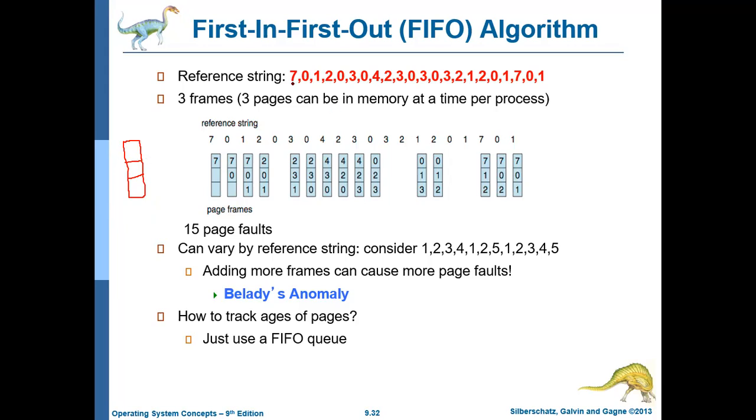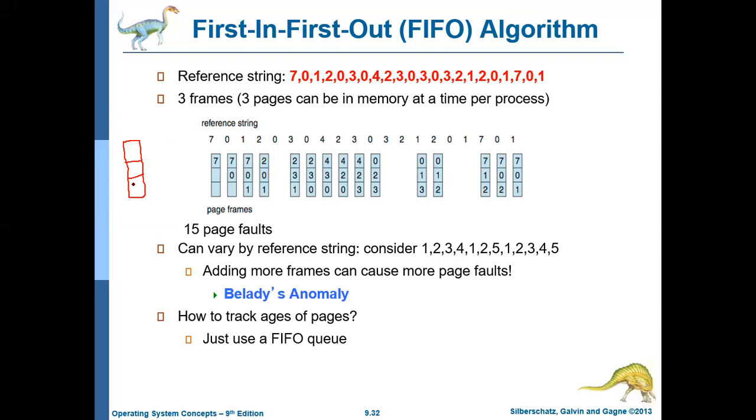So first you are going to use this 7. Do you have 7 here? No, because this is empty. Initially your frame is empty, your main memory is empty. So you can say this is a page fault. You require page number 7, but page number 7 is not there in the main memory.